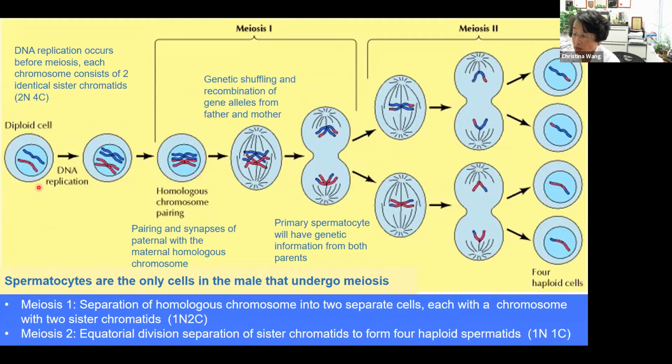Instead of having two chromatids, they have only one chromosome with one chromatid. This process of meiosis only happens in the spermatocyte, in the male germ cells, because you need the haploid cell to fuse with the oocyte, which will also undergo meiosis so that it will be haploid.